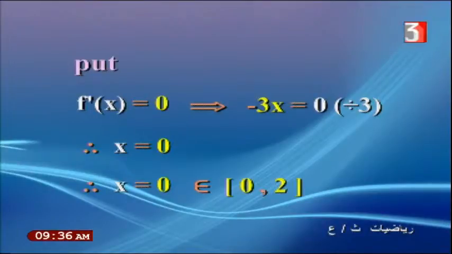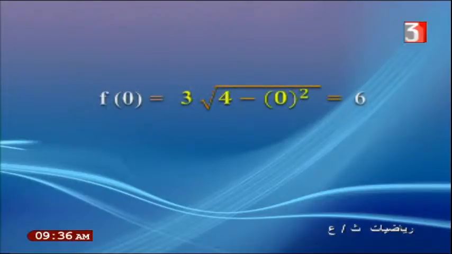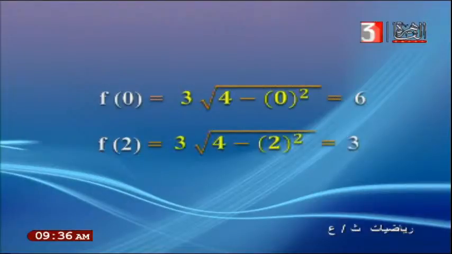We find the value of y when x equals 0: f of 0 equals 3 multiplied by the square root of 4 minus 0 squared, which equals 6. And the value of y when x equals 2: f of 2 equals 3 multiplied by the square root of 4 minus 2 squared, which equals 0.